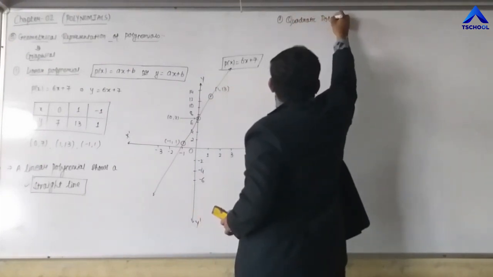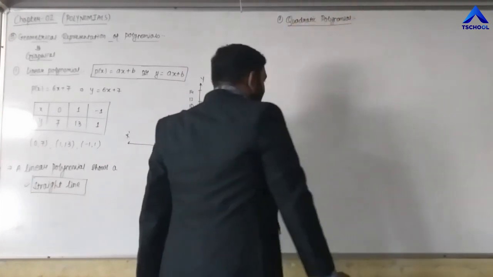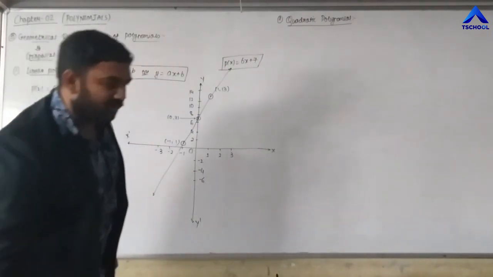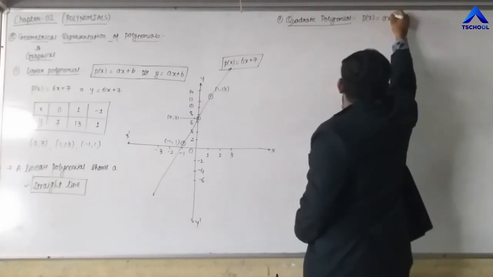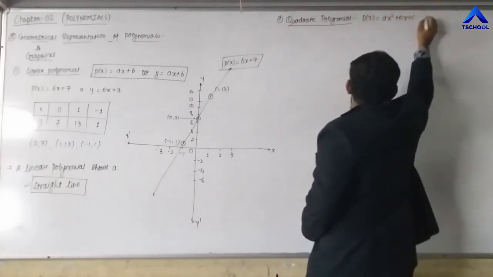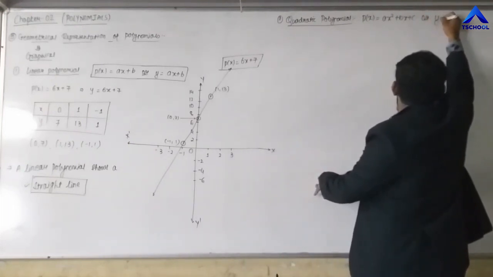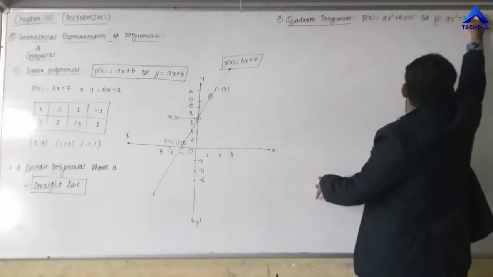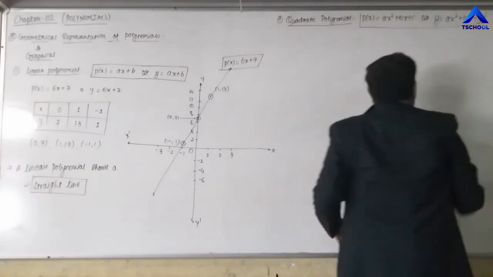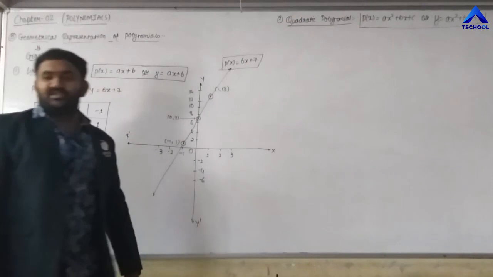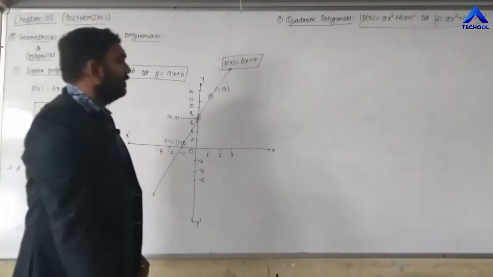A quadratic polynomial has a general form of p of x equals ax square plus bx plus c, or in other words, y equals ax square plus bx plus c. These are the general forms of a quadratic polynomial.